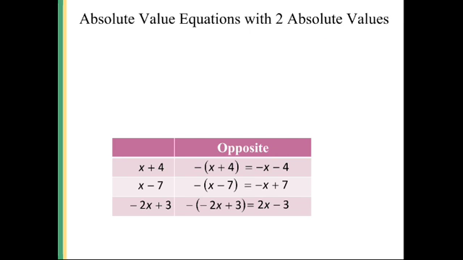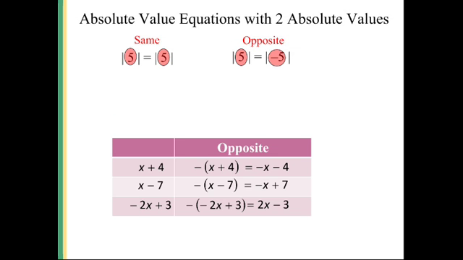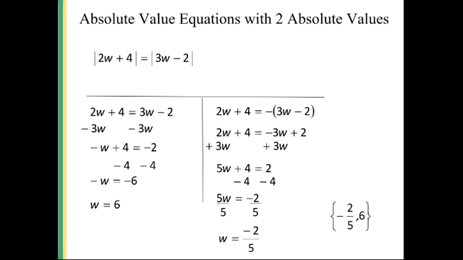So now absolute value equations with two absolute values, we'll take a look at that. We have the absolute value of one expression equals the absolute value of another. They're the same, and they're the opposite. Two cases.